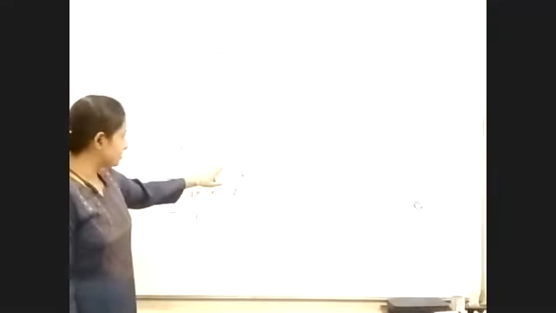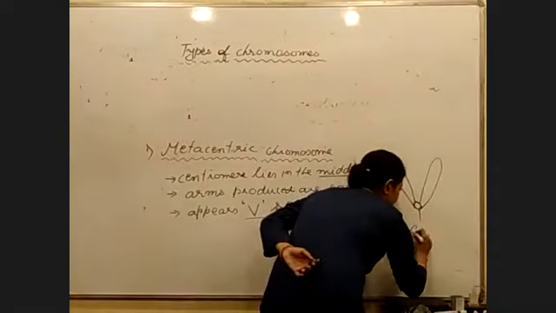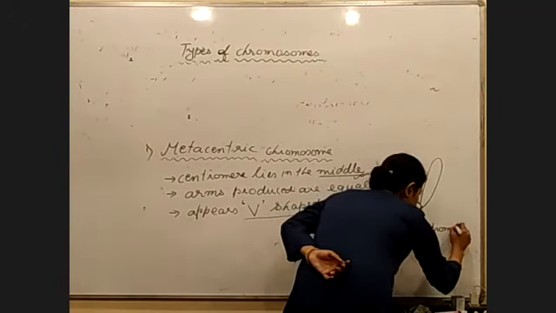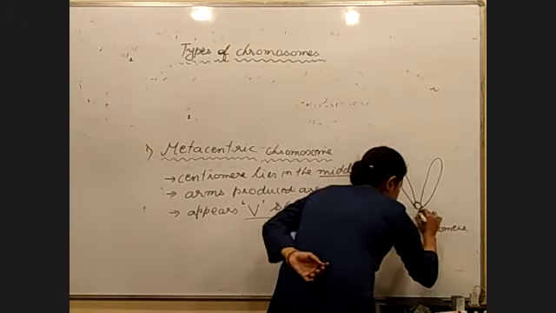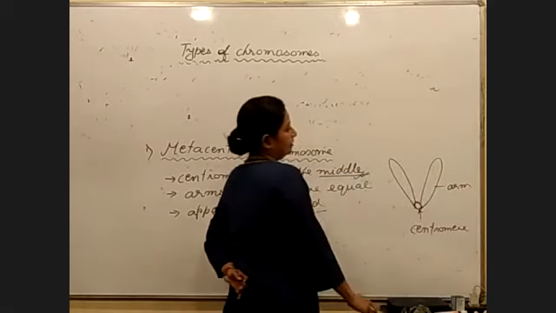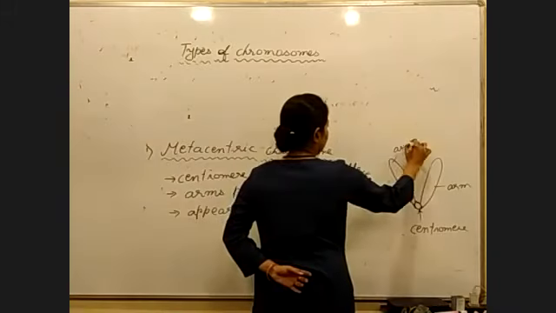And if it has to be metacentric, then obviously the centromere lies in the middle. This is one arm, this is another arm of the chromosome.